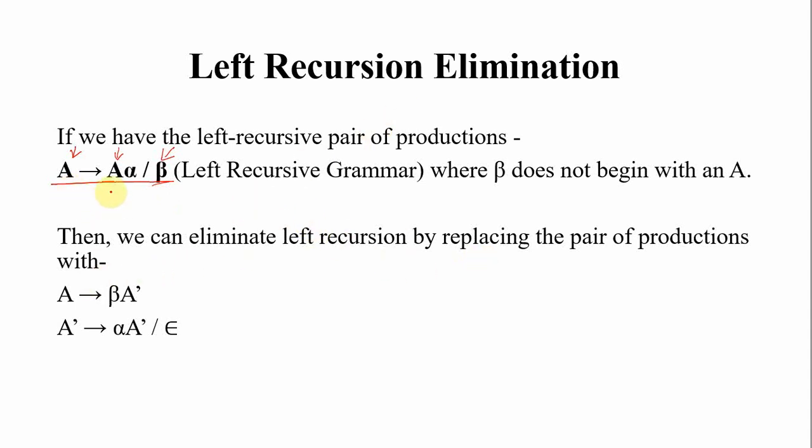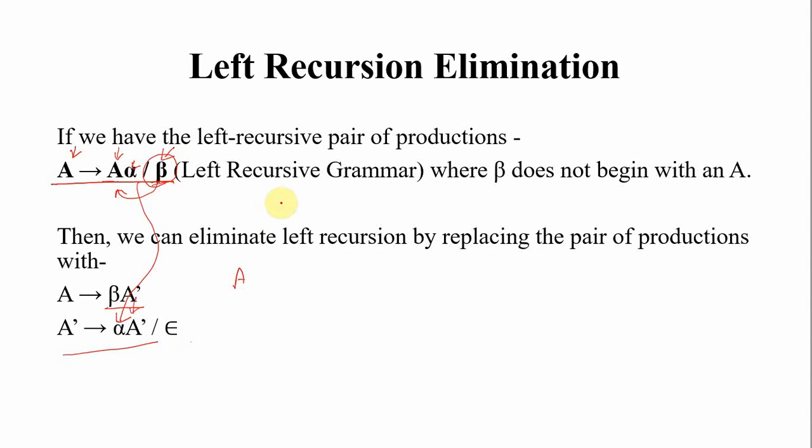A will give beta A dash, sorry. So beta will become the starting part, not the symbol A, and it can be a combination of variables and terminals, because it is just a CFG, followed by A dash. A dash gives alpha A dash, where alpha comes from the remaining portion of the first production after the symbol A, or epsilon.